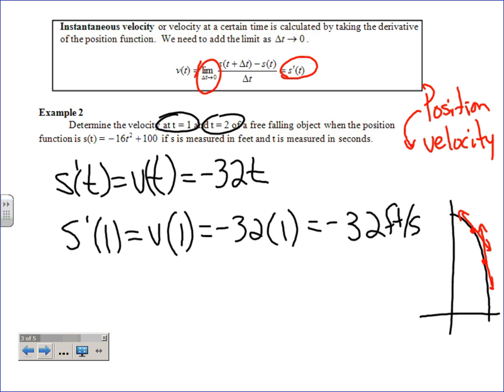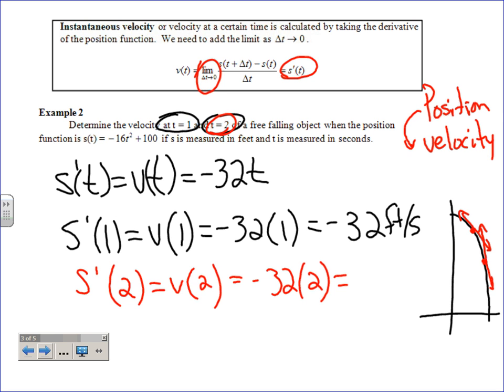Steeper, so is that going to be more negative or less negative? More negative. So it's s prime of 2, because that's the time I want to know. Put it in for t, which is also known as v of 2. Do you agree that this one is definitely steeper than that one?